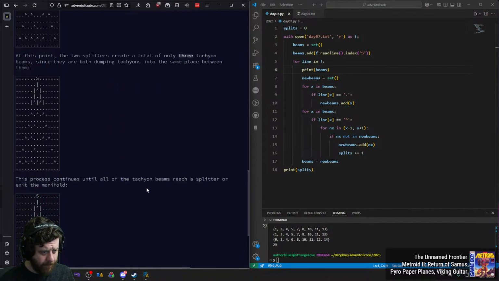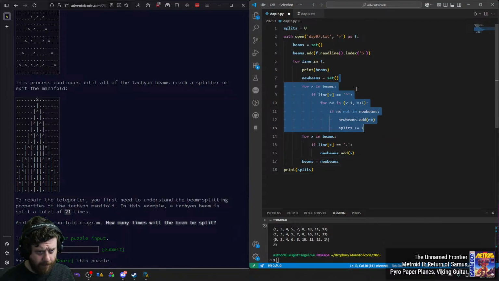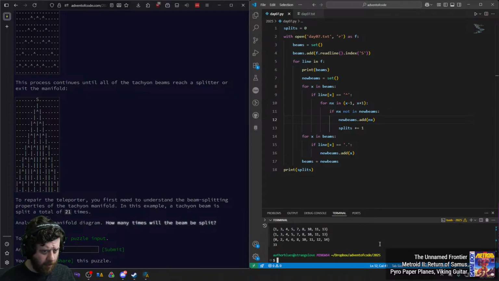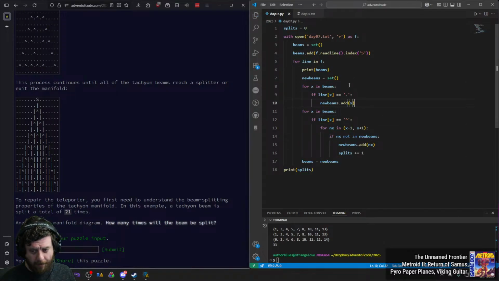So let's swap these two then. That gives me 33. Okay, so I'm a little off here. 0, 2, 4, 6, 8, 10, 11, 12, 14. So I have the beams are correct. It's what constitutes a split I don't understand then.